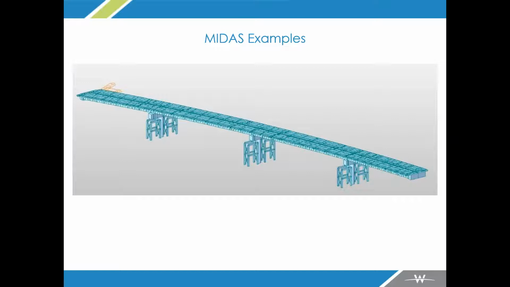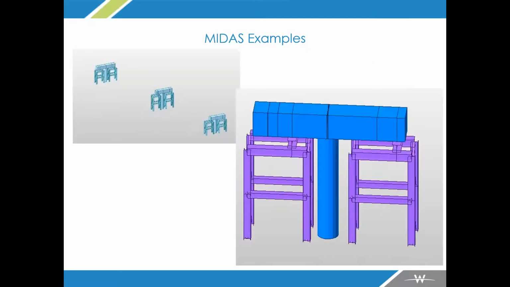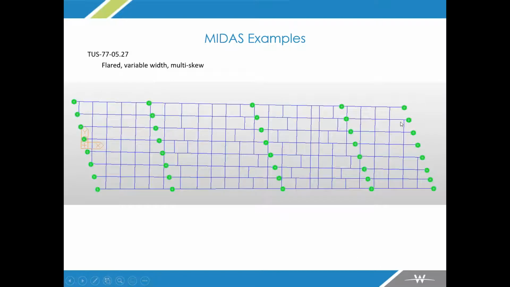Again, within the MIDAS model, we're able to do everything in one to capture all of these stiffness effects. And the same is true for load rating as well as design. Here you can see kind of what that looks like. Steel frame tower with a header beam underneath that, and then bearing jacks to connect the two. We have some restrictions in the plans for full engagement of bearing jacks and all of that.